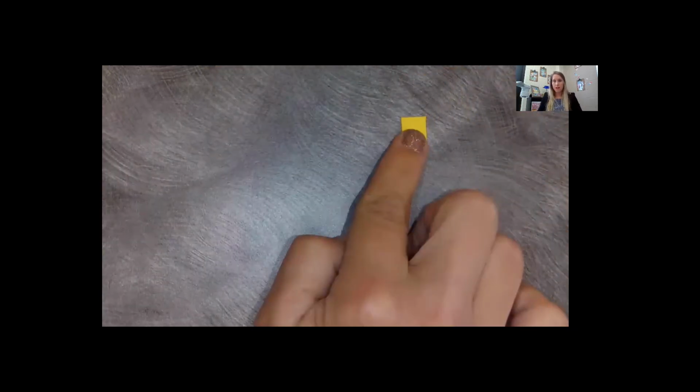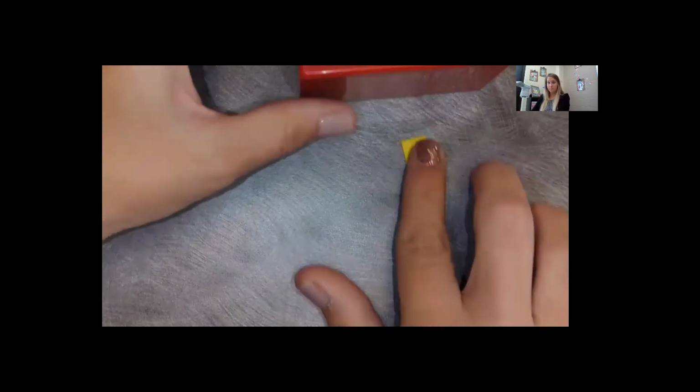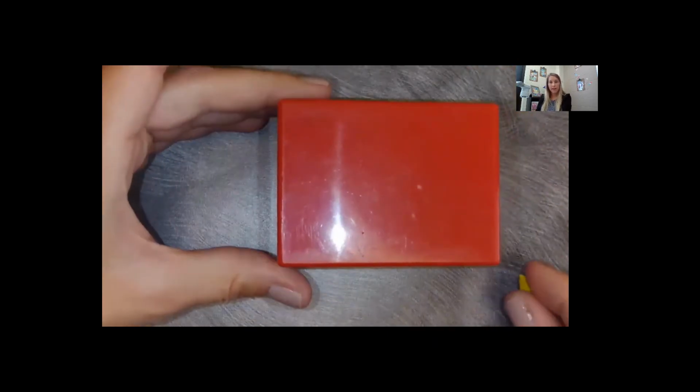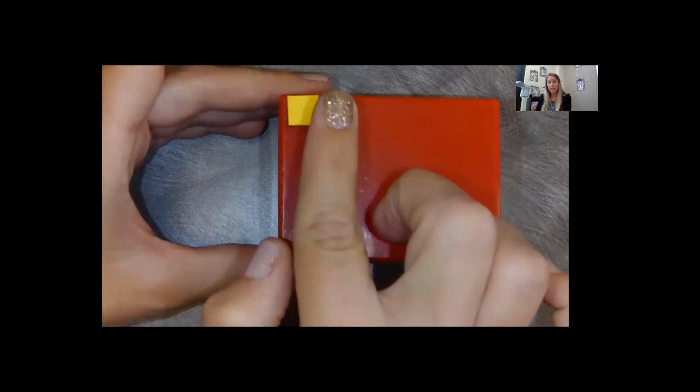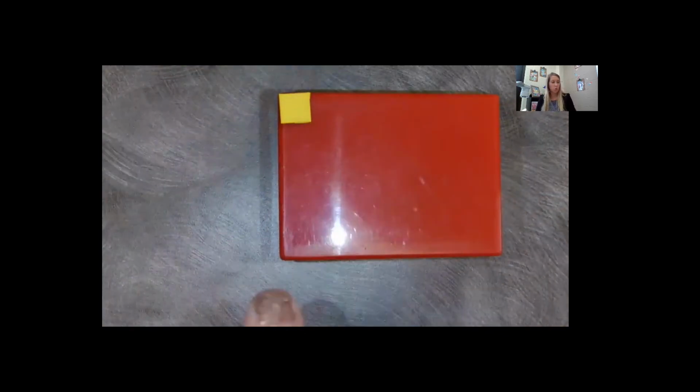Let me show you a square unit. See there? A square unit. If we wanted to just know how much space was on the face, I can measure it in square units.